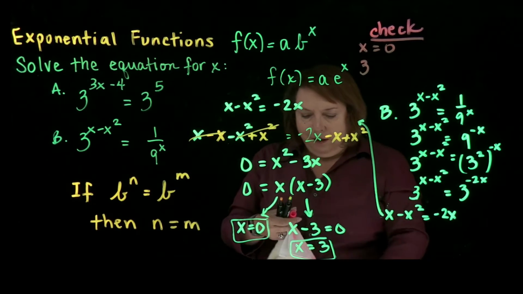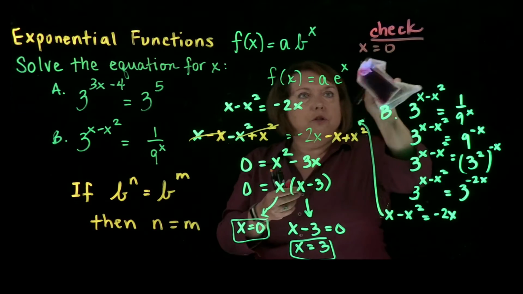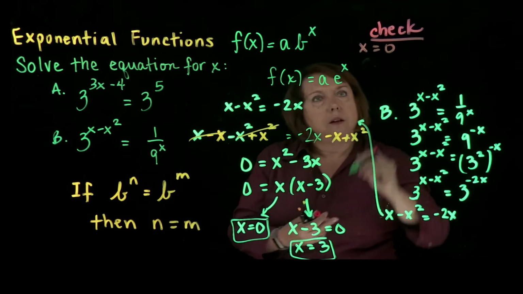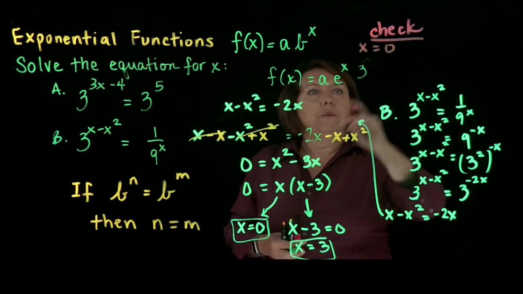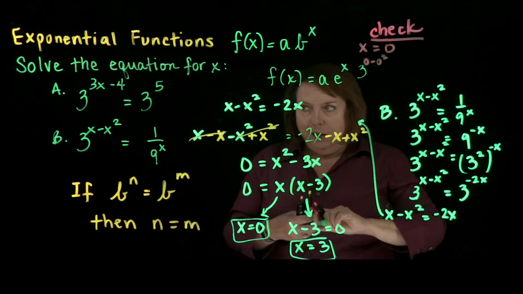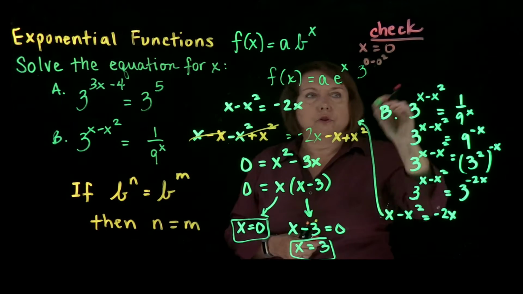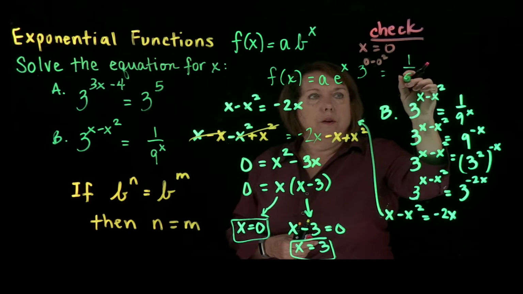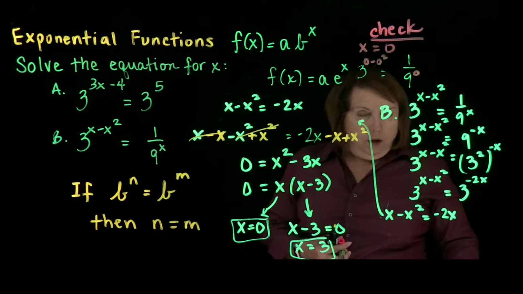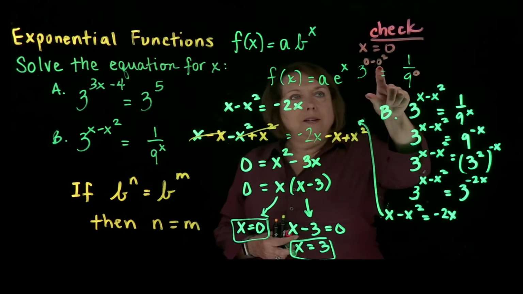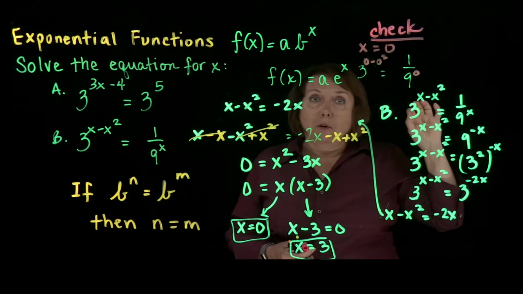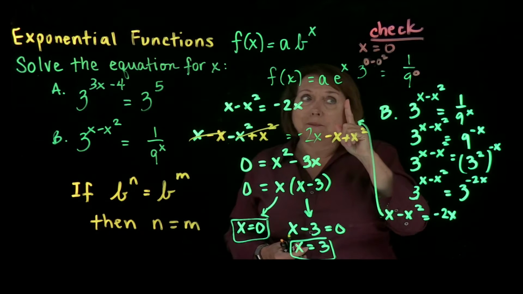So 3 to the 0 minus 0 squared, is that equal to 1 over 9 to the 0 power? So 0 minus 0 squared is just 0 minus 0, which is 0. What's 3 to the 0 power? It's not 0. It's equal to 1.